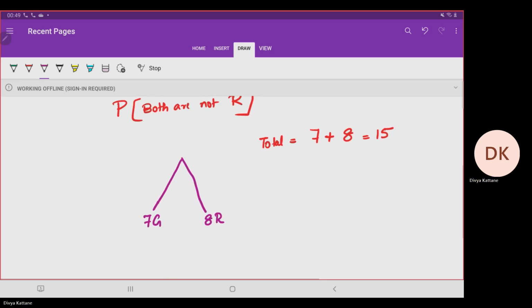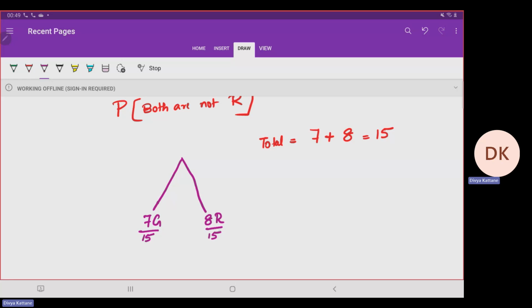So first time when he chooses, either it can be a green or it can be a red. So what is the probability of getting green marbles? 7 out of total number 15. And getting a red marble probability is 8 by 15.